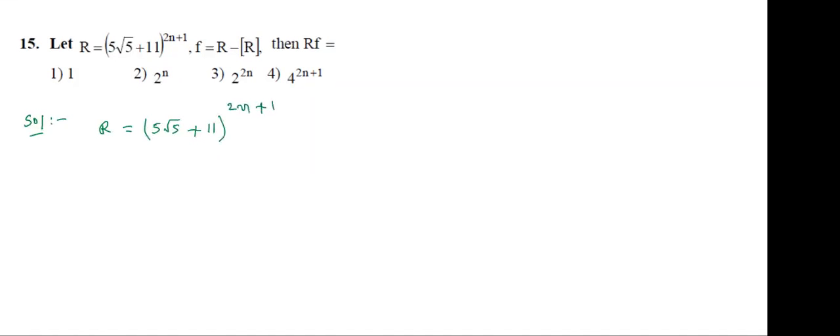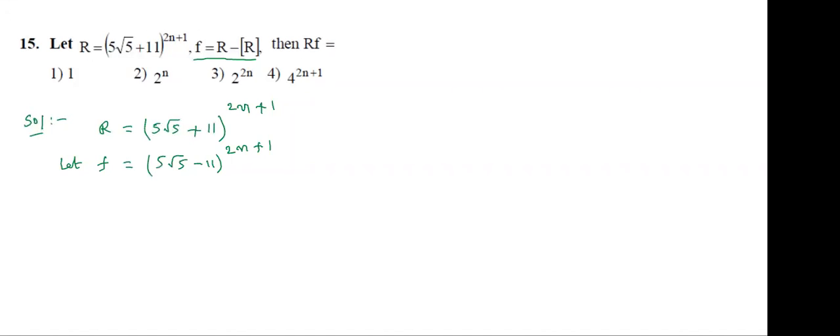This is capital R. And here small f is given. What is that? R minus step R. So let small f be equal to 5 root 5 minus 11 whole power 2n plus 1.